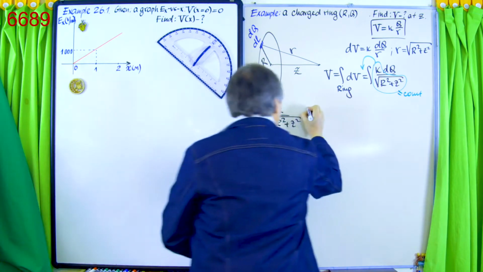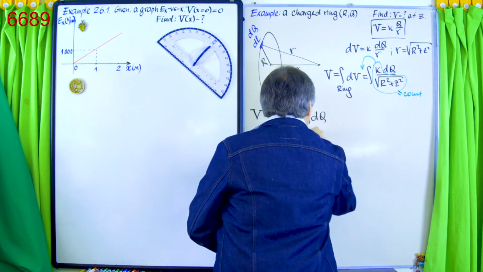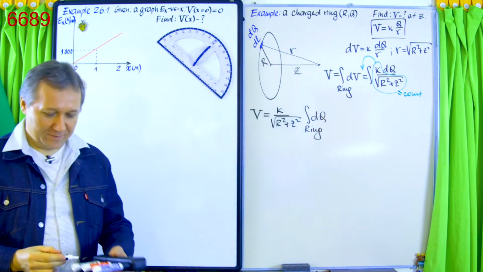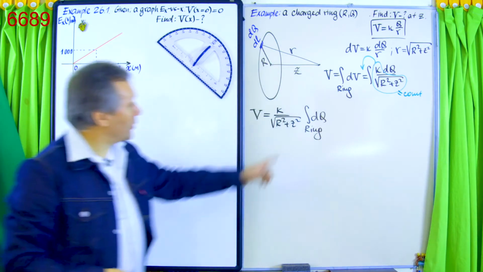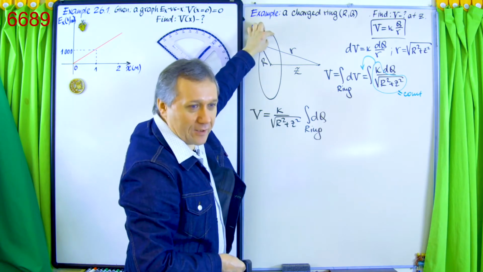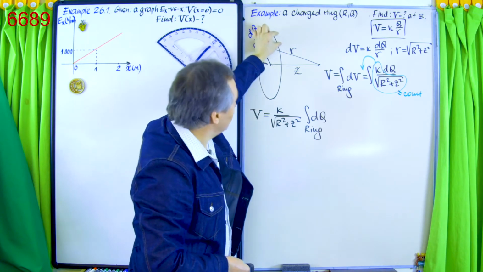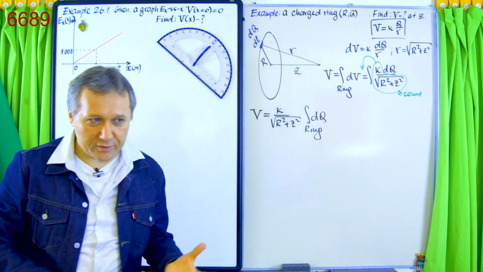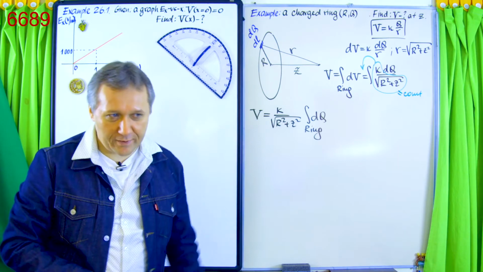And integral of dq over the total ring. So in this case, what is this? It just means take dq plus another dq, small charge, plus another, and you keep adding those small charges, moving around the ring.